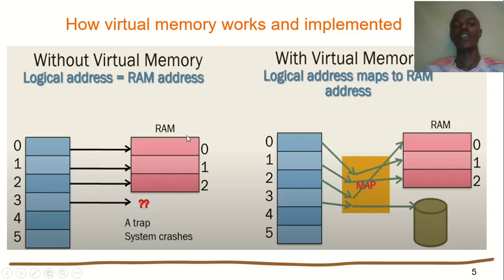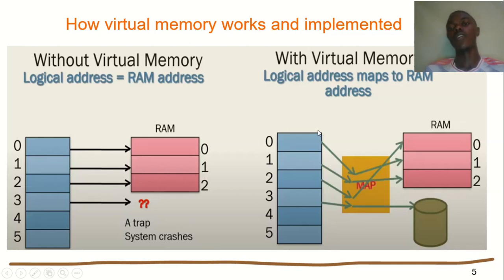And page 2. Suppose this is the space of the physical RAM, the total amount of storage the physical RAM has. Now if process 3 requests space in the RAM, it won't be available since it is full. So for that reason, the computer might crash.